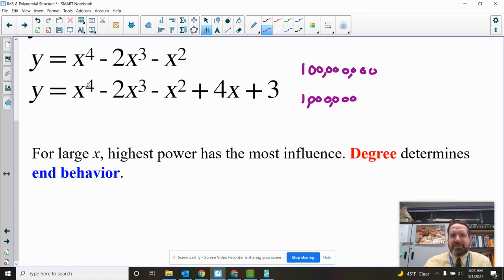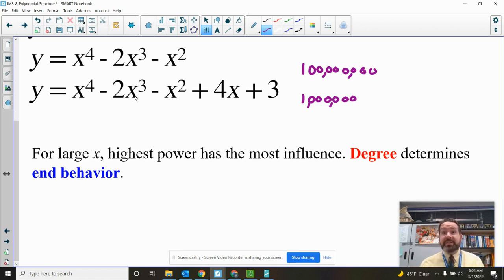So this front term is 100 times larger than any of the rest of this stuff. My gosh, when we're talking about numbers this big, adding and subtracting a 3 at the end doesn't make hardly any difference at all. And that's only when x equals 100.